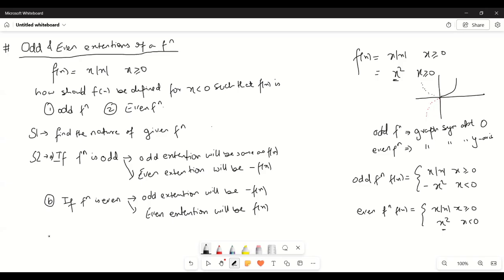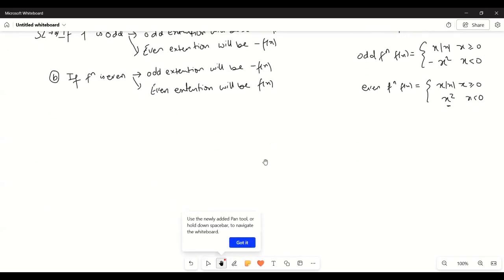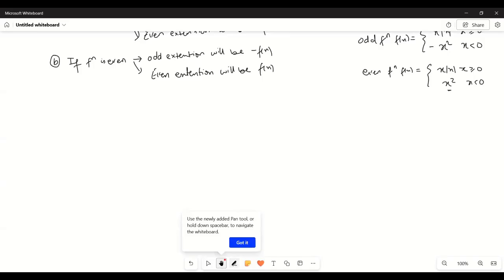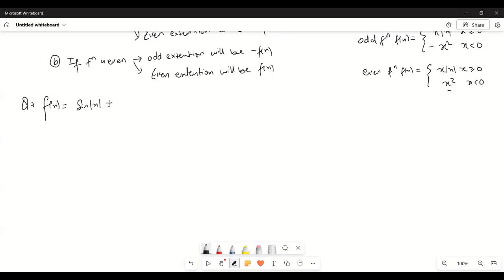But then another scenario, let's say we take another example of this. Question. Let's say f(x) is defined as sine of mod x plus x e power x, x into e power x for x greater than or equal to 0.